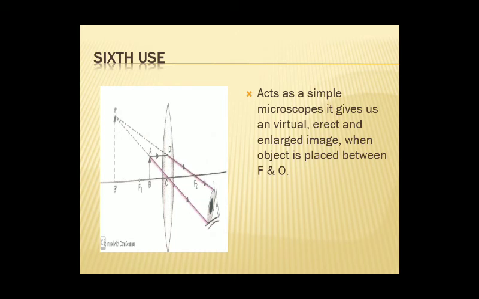That simple lens is known as a simple microscope. Whatever you are using in the biolab has two lenses, one near your eye and the other near your object, right? So it gives us a virtual, erect and enlarged image when the object is placed between F and O.